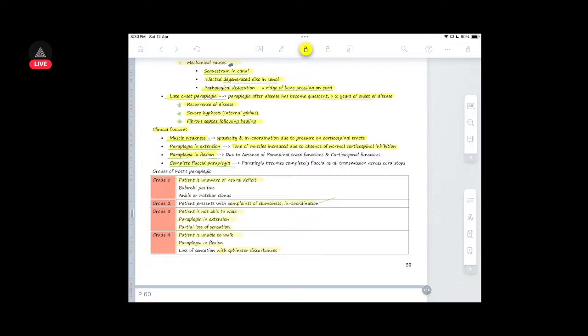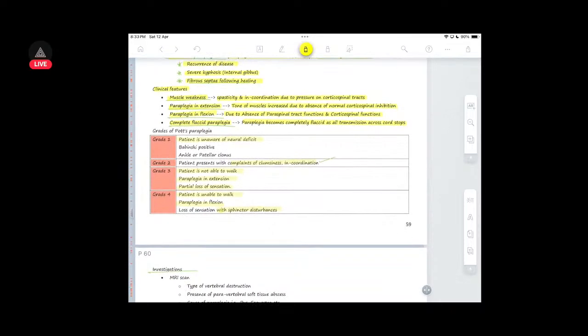Paraplegia in flexion is due to absence of paraspinal tract function and corticospinal functions. Then complete flaccid paralysis: paralysis becomes completely flaccid as all transmission across the cord stops.